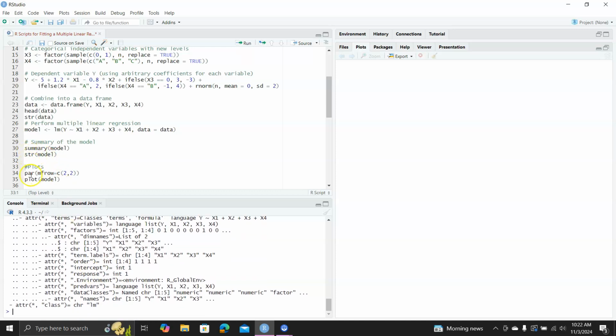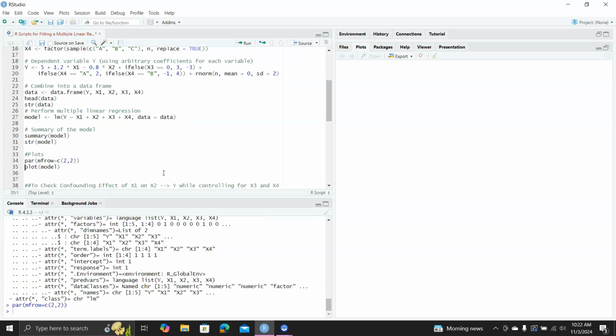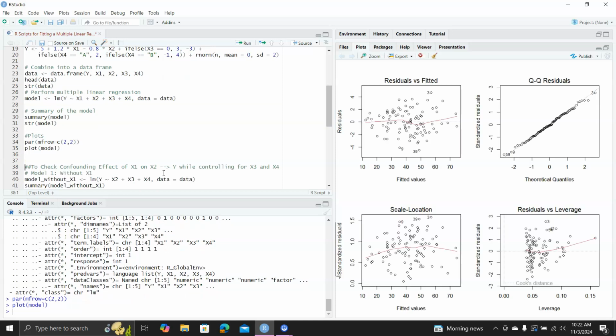Okay, and also here I'm going to just show you the very basic residual plots related to a fitted linear regression model. So here we can partition the graphic window into 2 by 2. So then you use plot of model.